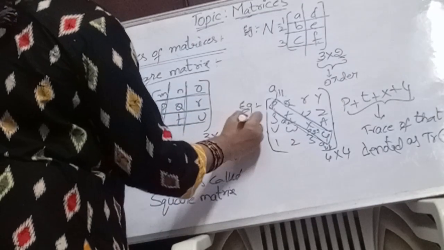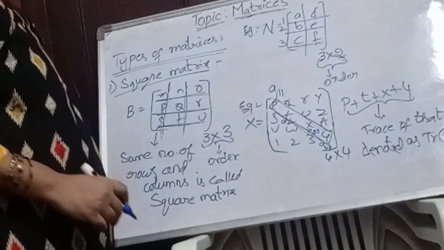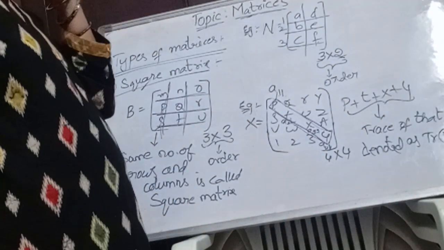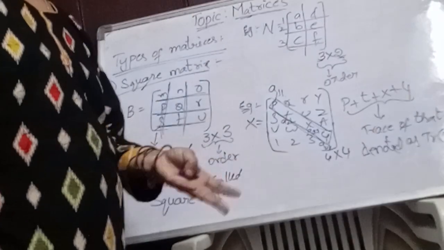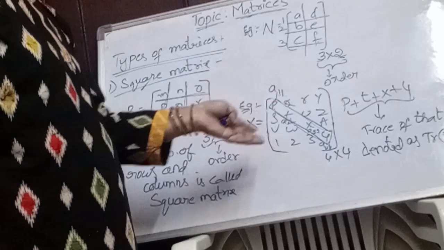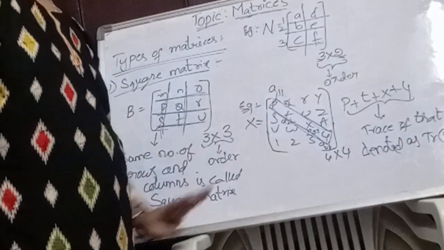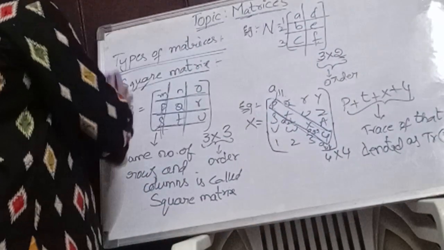That is denoted as TR of, for example, X. Trace of matrix X. This is the trace of a matrix. The sum of all diagonal elements or principal diagonal elements of a matrix is called the trace, and it is denoted by TR of whatever the name given for the matrix, which you specify in the brackets.